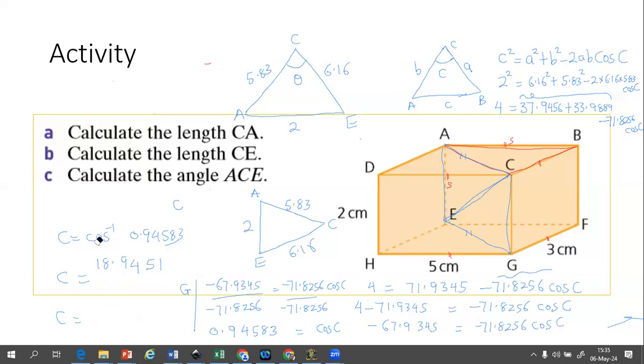When we round off to 1 decimal place, we get 18.9 degrees. Okay. So can we first write?